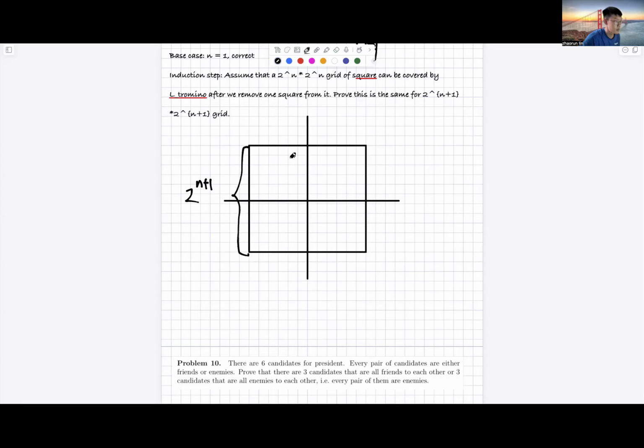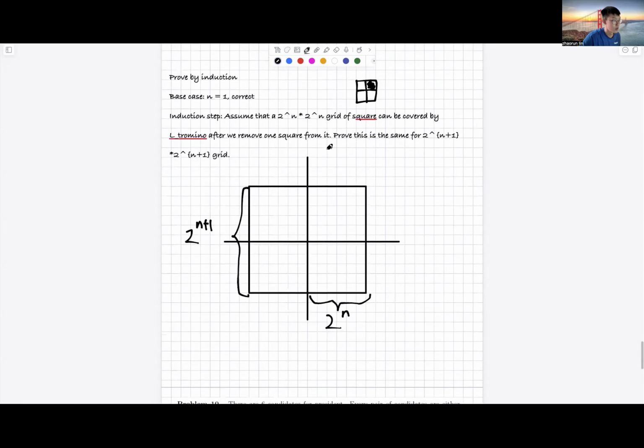Just imagine that these 4 parts are equal. So each of them will have length 2 to the power of n, right?